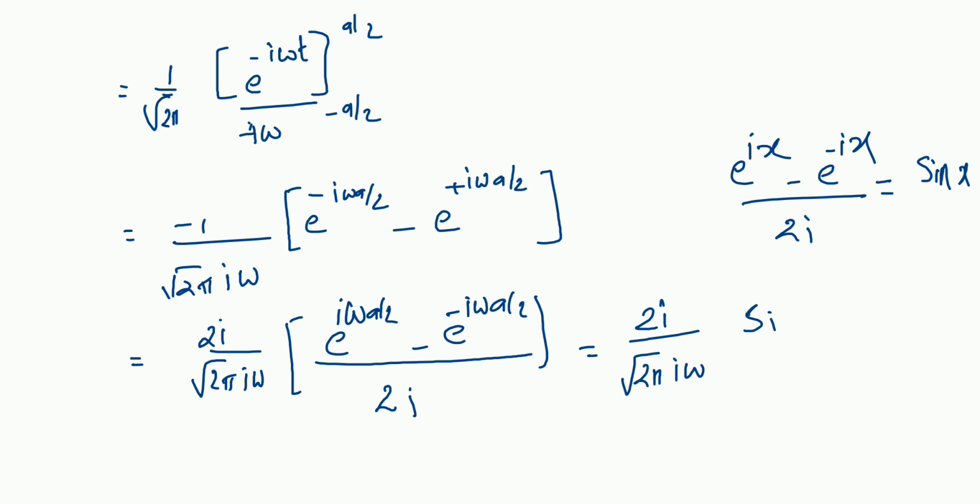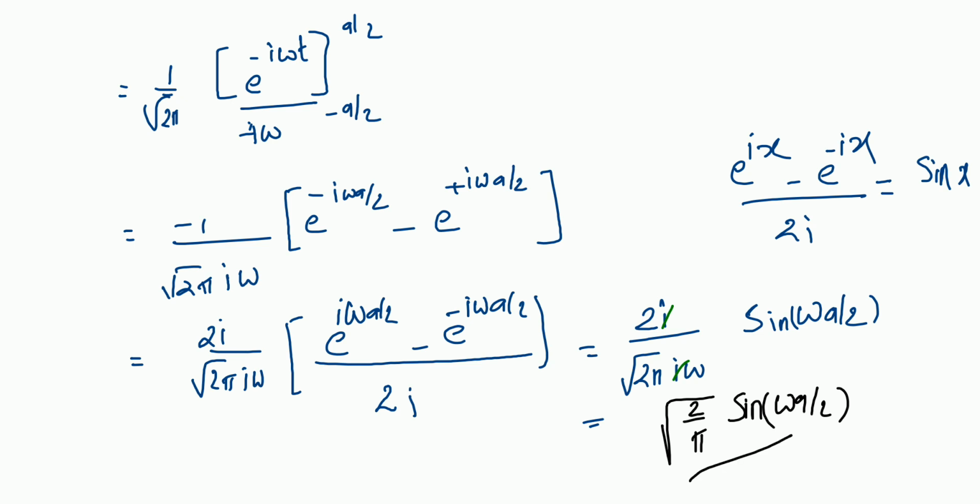Here instead of x we have omega a by 2, so sin omega a by 2. Now you can cancel that i and i, then 2 by root 2 pi will be equal to root 2 by pi sin omega a by 2. Okay, this is the final answer.